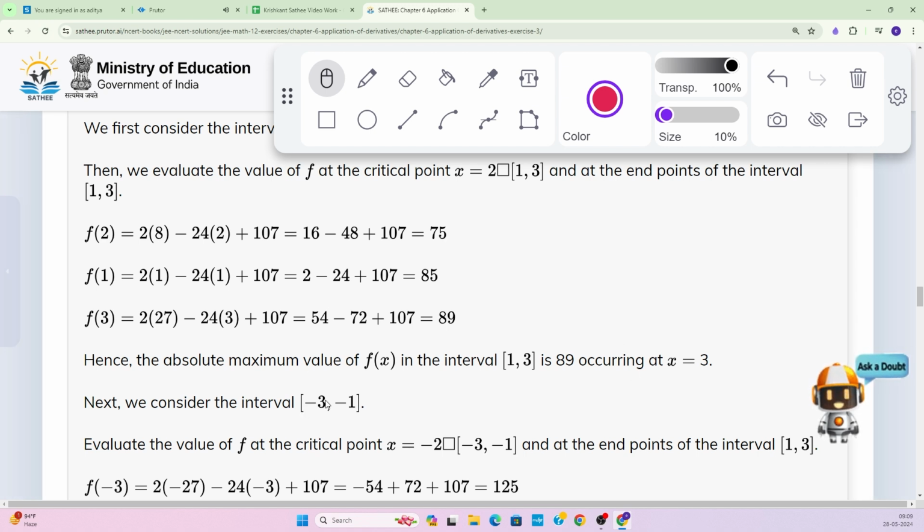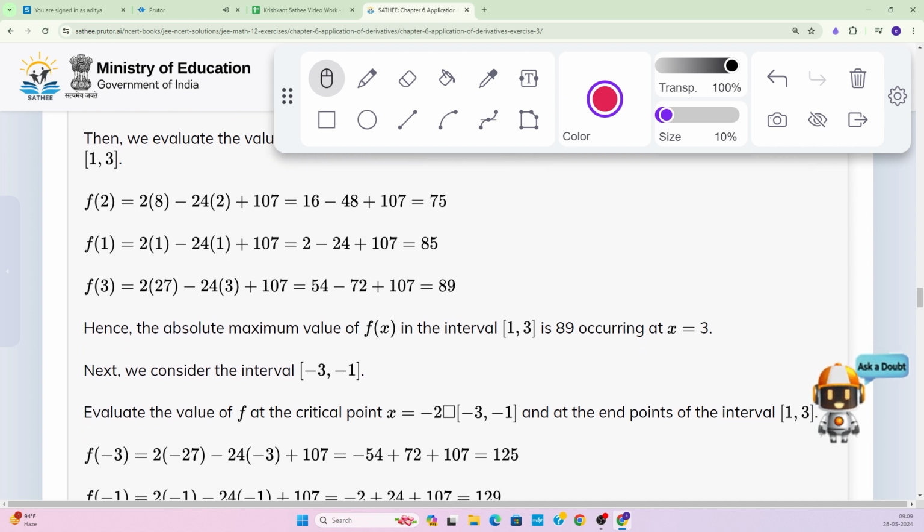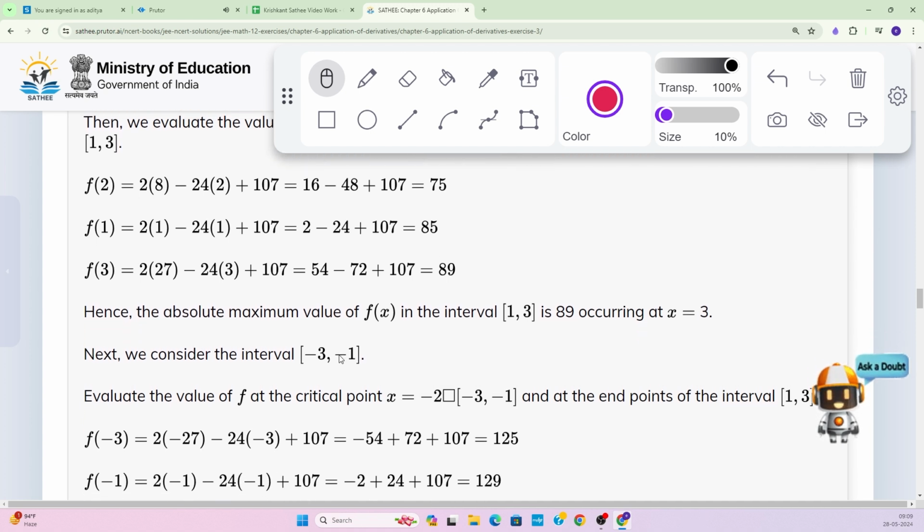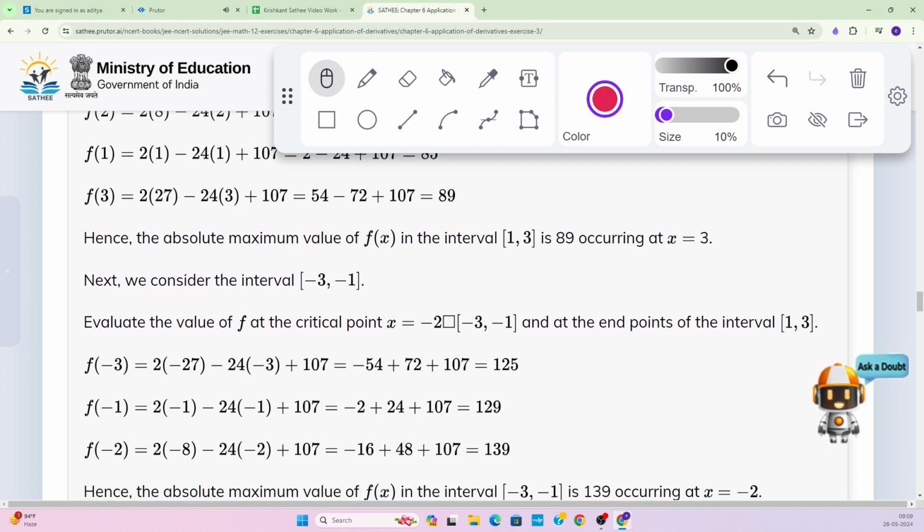And what about in the closed interval minus 3 to minus 1? Now minus 2 belongs to this interval. This means we are having what points? Minus 3, minus 1 and minus 2. You cannot take 2 here, because you are working in the interval minus 3 to minus 1.